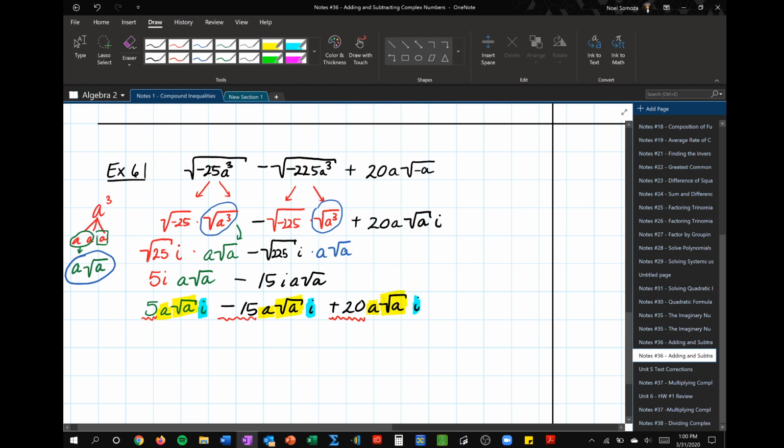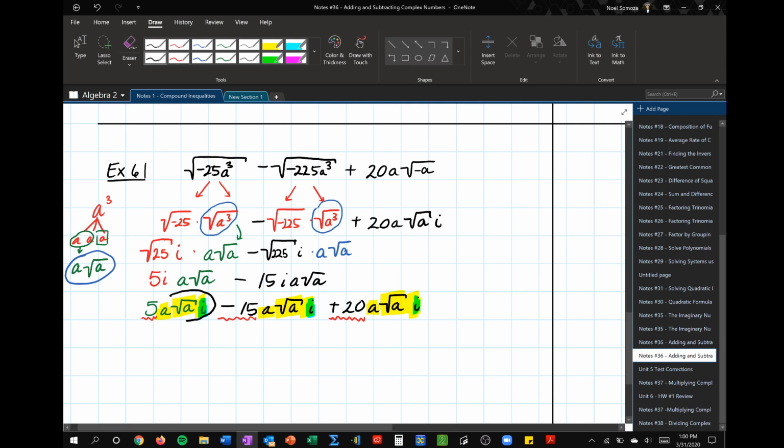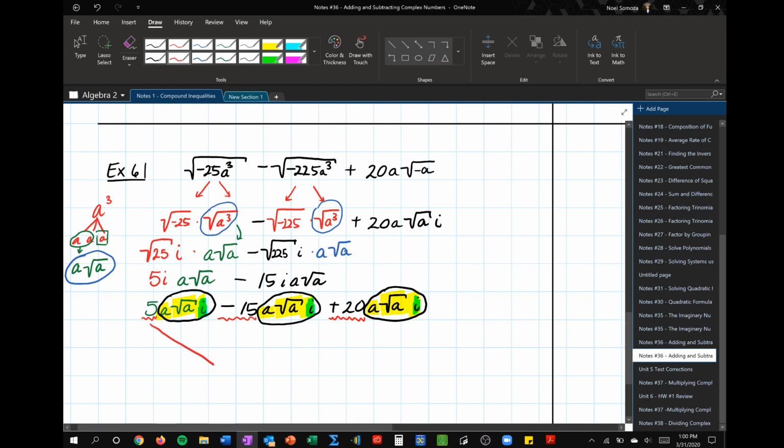And do they all have i? Well, we already knew that. So they all have this particular piece. They all have a root a i, a root a i, a root a i, which means that you can add your coefficients together. So you can take the 5, the negative 15, and the 20, and add them together.